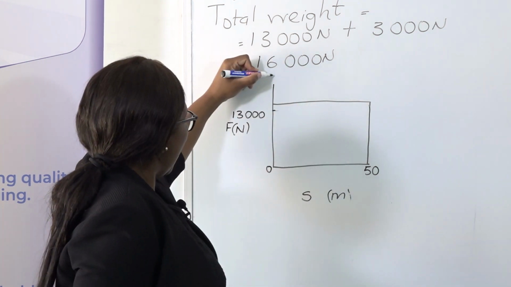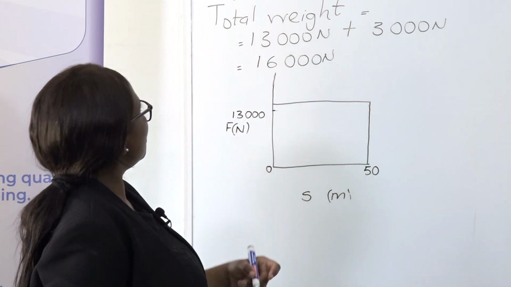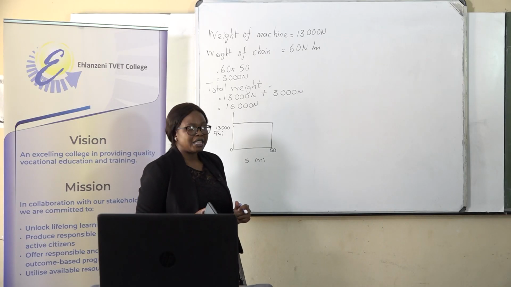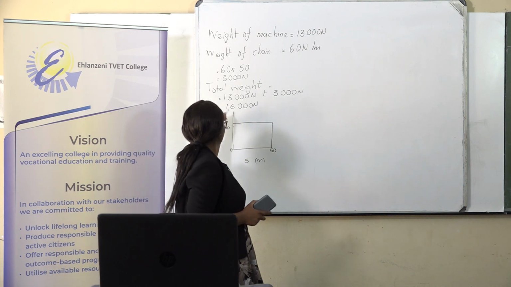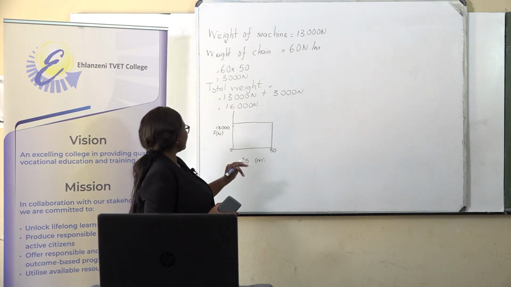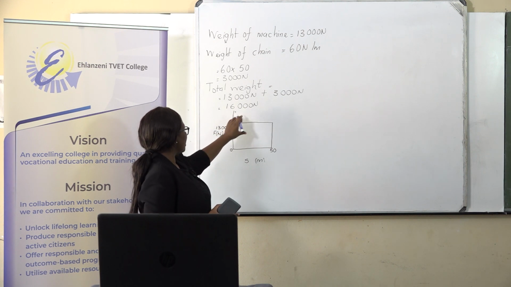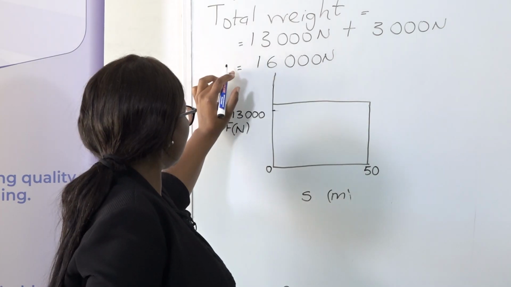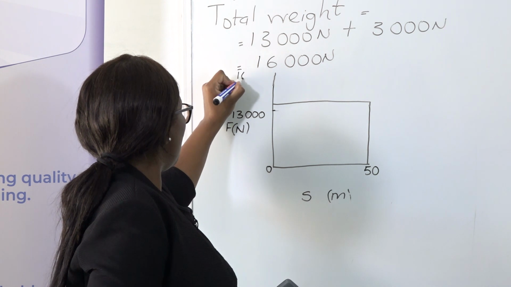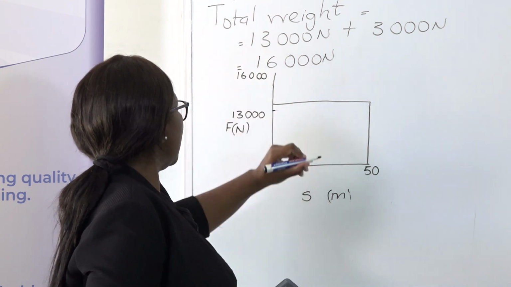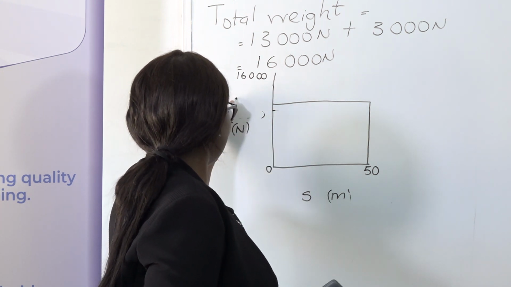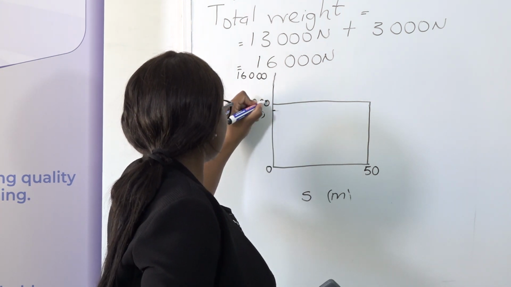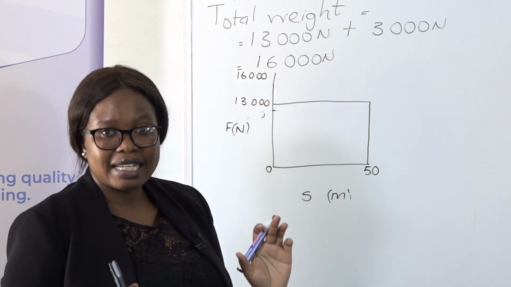Right. Then our next weight is the weight of the chain. The weight of the chain is small, so we are going to put it on top of our graph. Remember, we said that the total weight is 16,000. So we are going to put 16,000 as our total weight, so that we'll be able to indicate that from 13,000 to 16,000 the difference is 3,000.